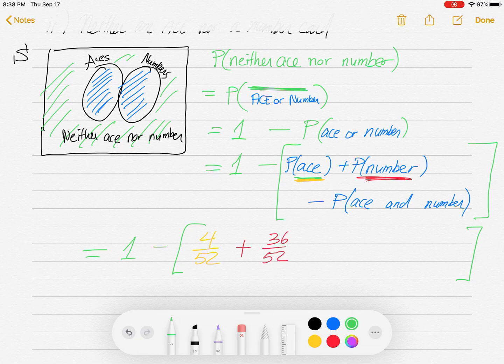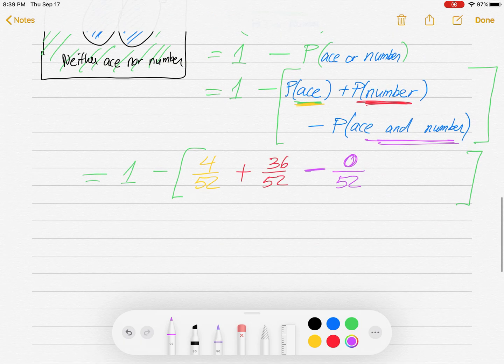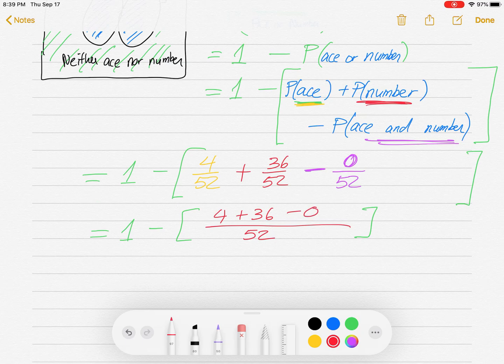Now we have to remember to subtract. Now what color are we going to use? A purple? Ace and number cards. So minus, how many cards are aces and number cards at the same time? 0 cards are aces and number cards. So that's 0 out of a total of 52 cards. So what we're talking about is 1 minus, in brackets, 52 in the denominator, that's the common denominator, and then the numerator is going to be 4 plus 36 minus 0.